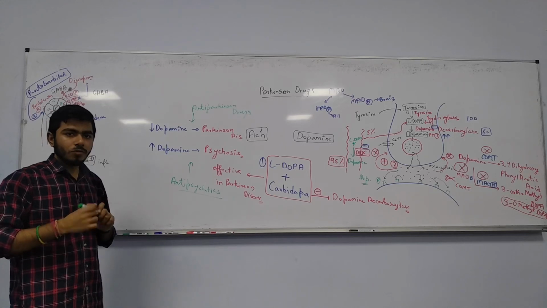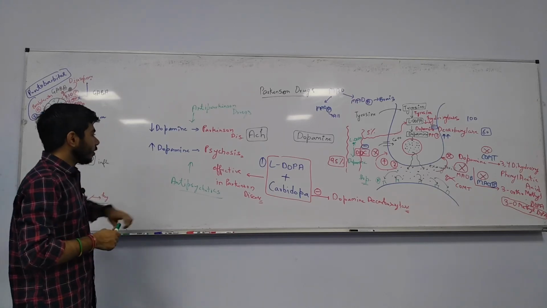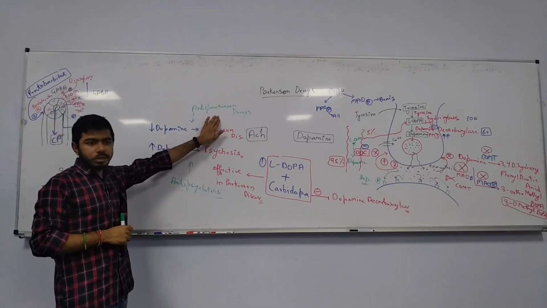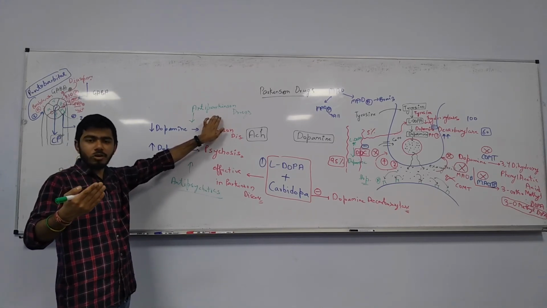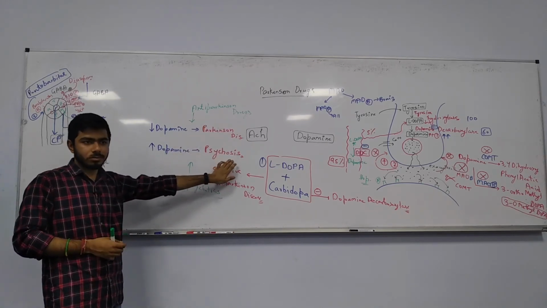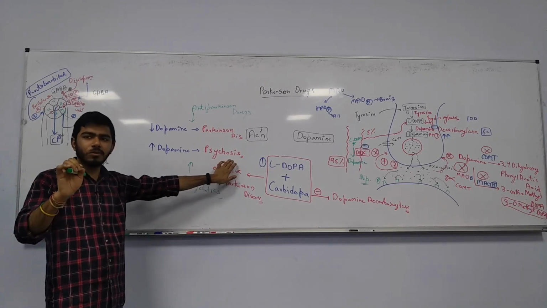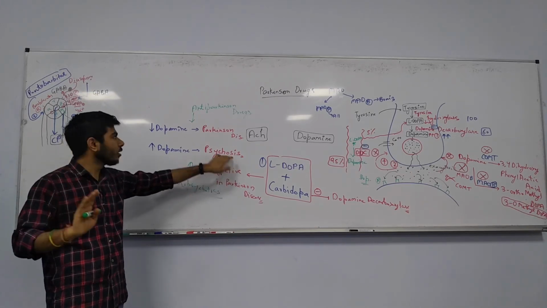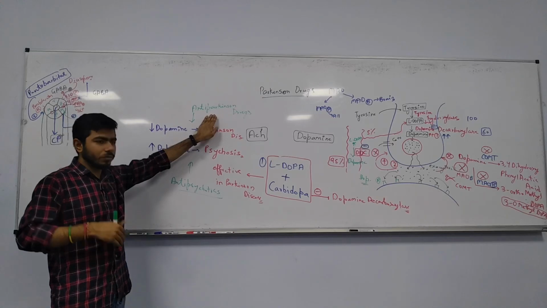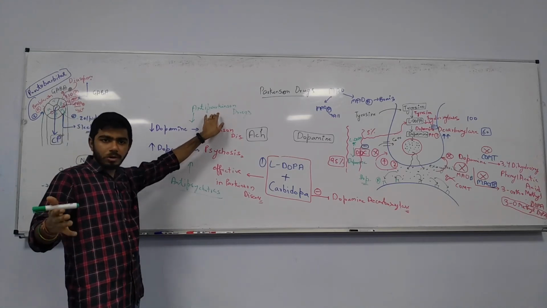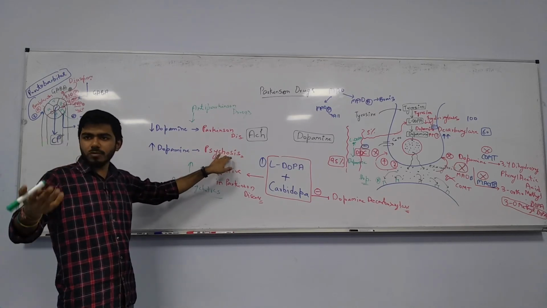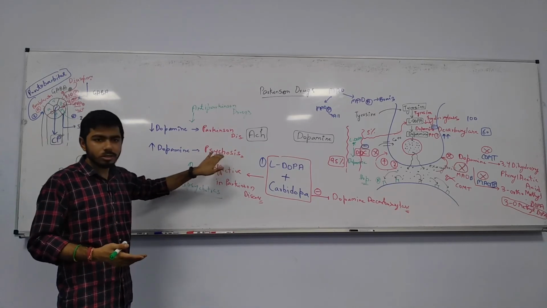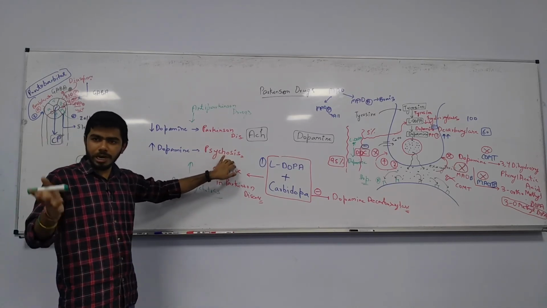So what can I say over here? If I'm using anti-Parkinson drugs, they are increasing the level of dopamine, so they can cause what? Psychosis. If you are using anti-Parkinson drugs in more amount or overdose, you will be increasing the level of dopamine, and that will cause psychosis in the patient, and vice versa.